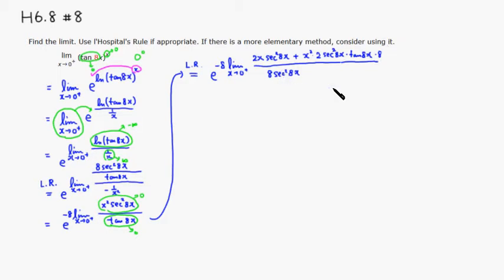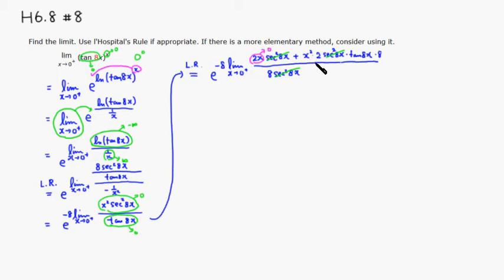You can see that we can cancel out the secant squared of 8x here, here, and here. Then I think this is easy enough. As x approaches 0, the first term, 2x, goes to 0.